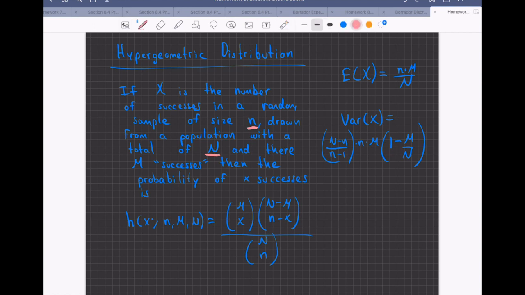I call that a success, in quotation marks. And you want to know, when you take the sample of size n, the probability that you have X successes, so X elements with that characteristic. The probability is this.